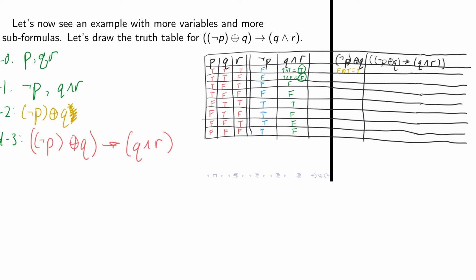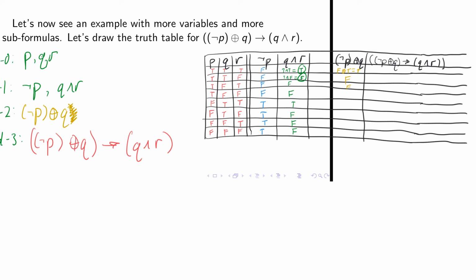Okay. And without showing the specific calculations, I'll just start filling in values. So then this is going to come out false. And then this is going to come out false.